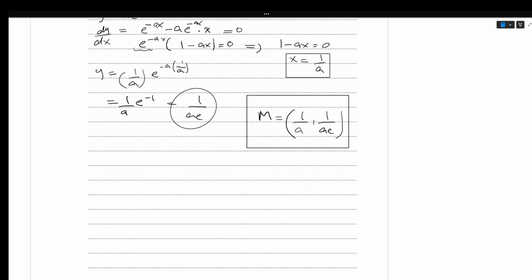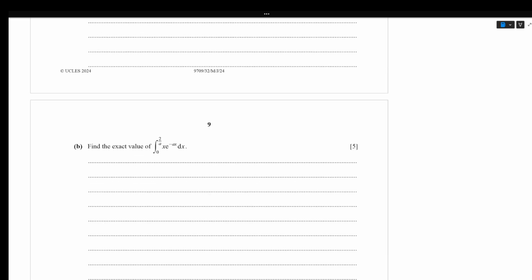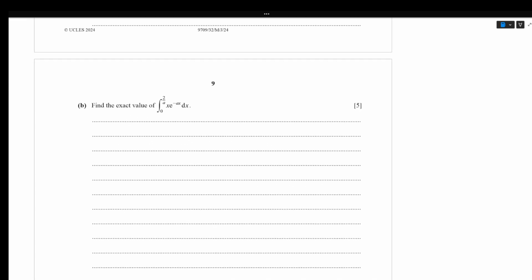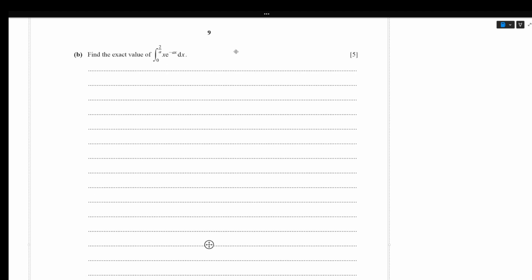After that, find the exact value of this integral by parts. We know by parts, the integral of u v prime is uv minus the integral of u prime v. We integrate from 0 to 2a.